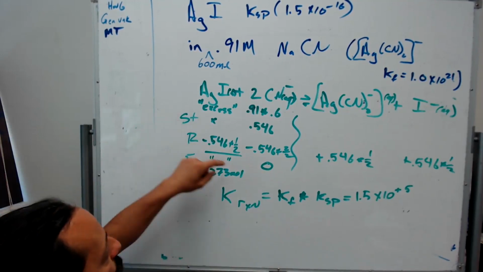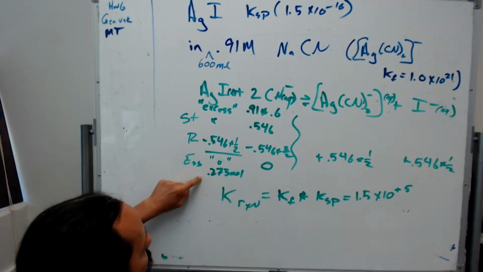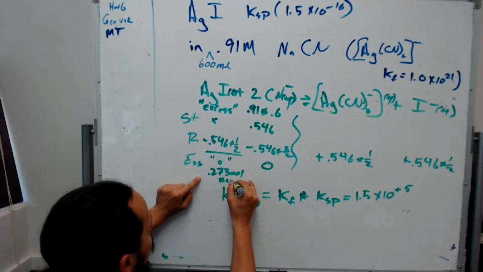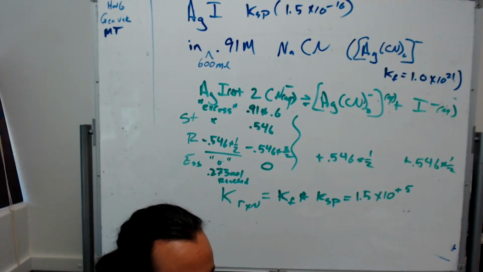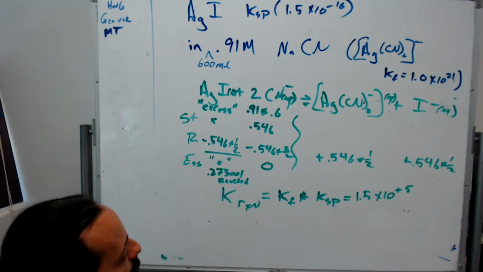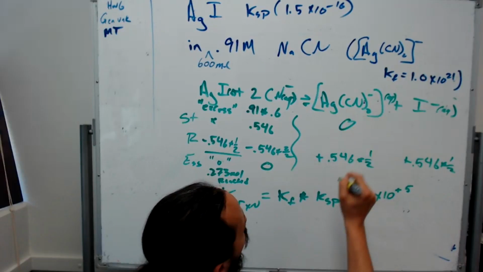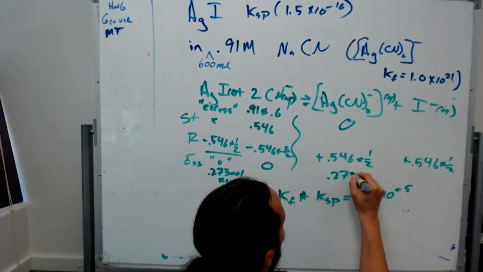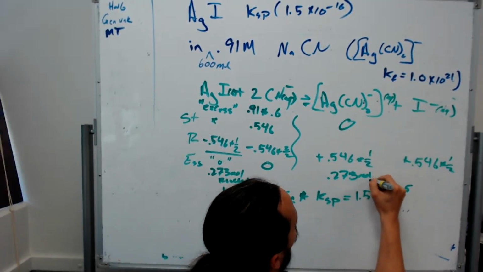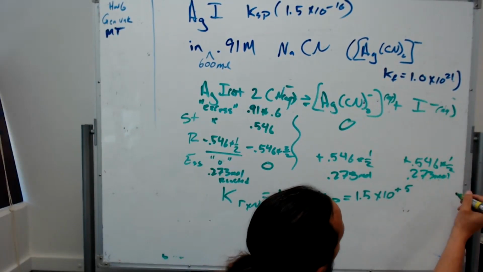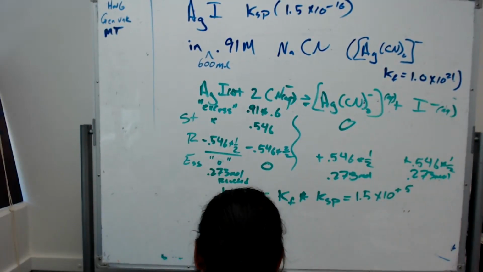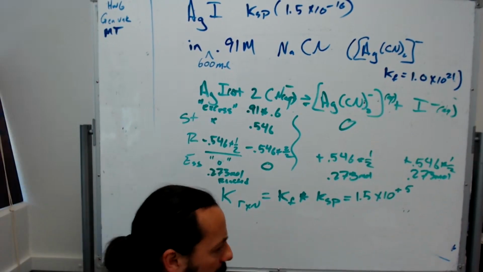So at this point, with adding this much, I have 0.273 moles reacted. And there's probably still some solid left over, but that's how much I've reacted. I end up forming 0.273 moles of the complex and 0.273 moles of the I minus. Am I done?